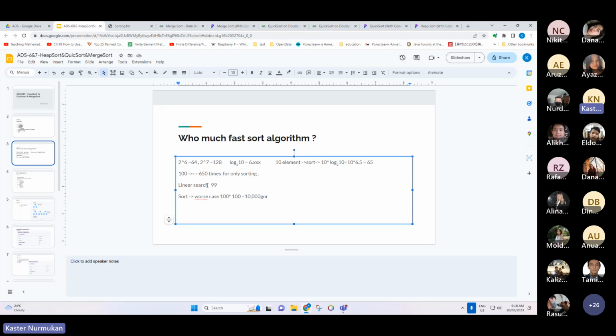We want to find something quickly, right? So what you should be interested in is search, not sort. But if you remember, to get a quicker search result, there is one search algorithm, binary search, which is log n time, right?